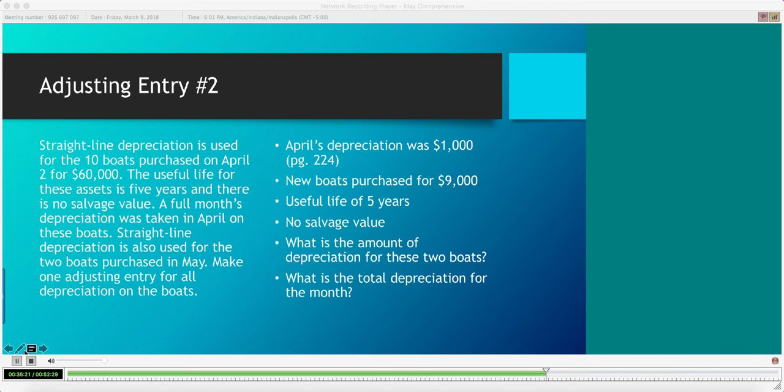To do that, we're going to take our $9,000. And again, the boats are going to be donated like the additional ones that we purchased last month. So we have our 9,000 divided by 5, which gives us 1,800.